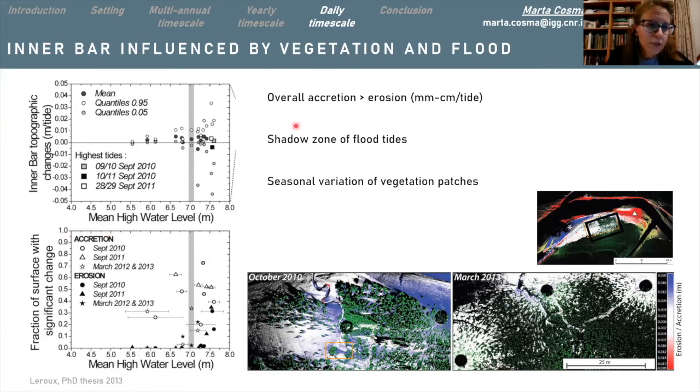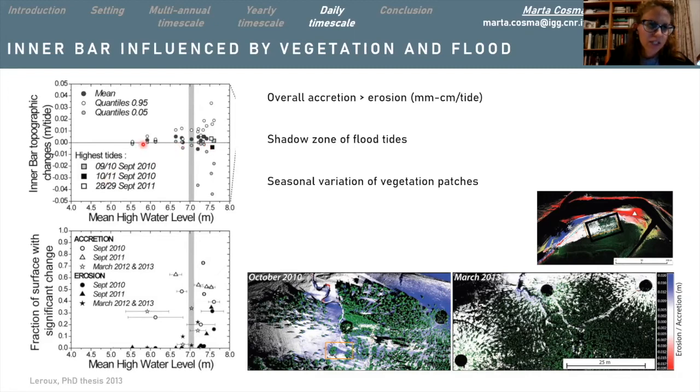So for the inner bar, there is an overall accretion. Overall, the accretion is higher than the erosion, and this is on the scale of the millimeter and the centimeter for each tide. However, there is a really huge variability.